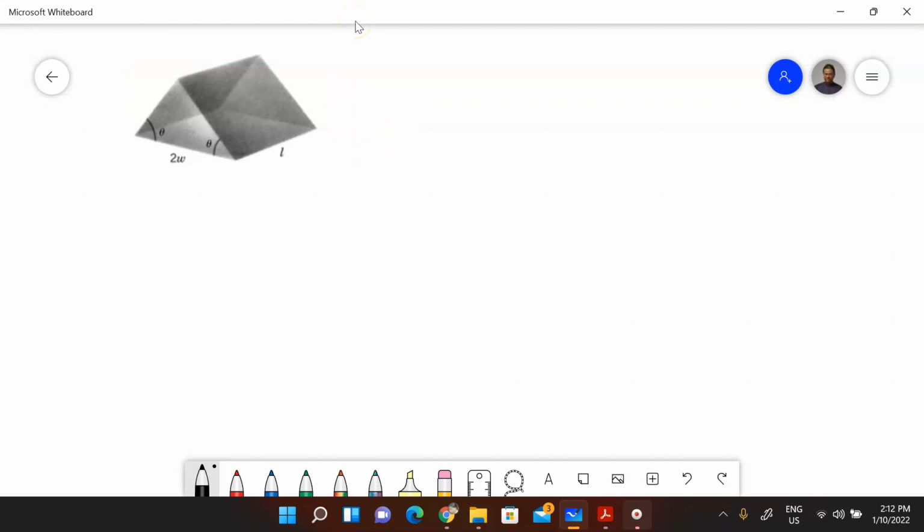What we did was to extremize, or in this case to minimize, the material for this kind of geometry. So this is essentially the length of the tank, and then the width of the tank given by this so-called isosceles triangle. The midway gives you length W.